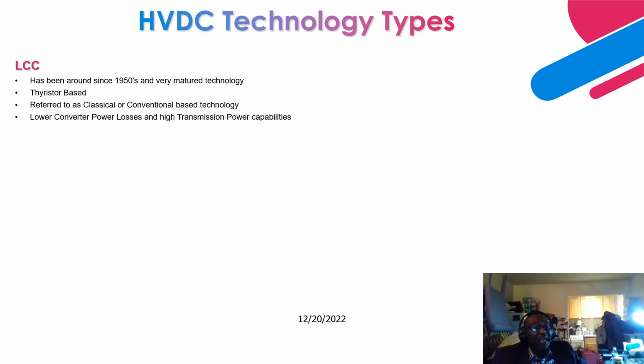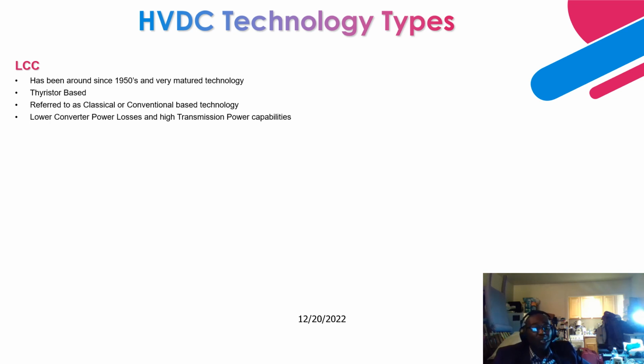And also, it has a high transmission power capability. As you can see, comparing the line commutator converters to the voltage source converters, for the line commutator or current source converters, you can achieve a voltage level of plus or minus 1,100 kilovolts, and also 10 gigawatts of transmission.